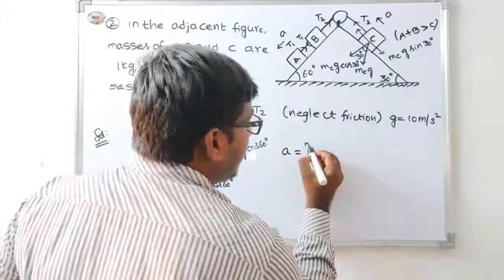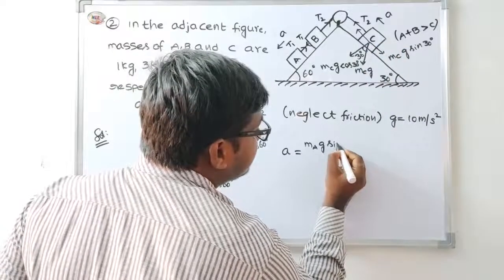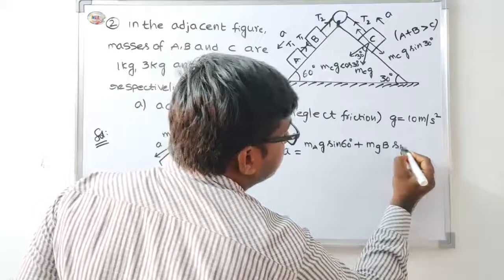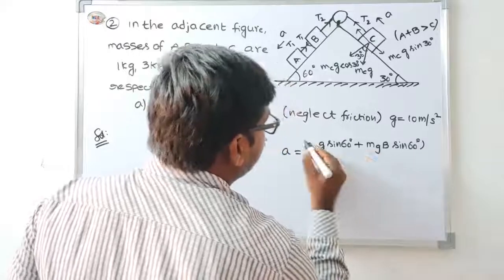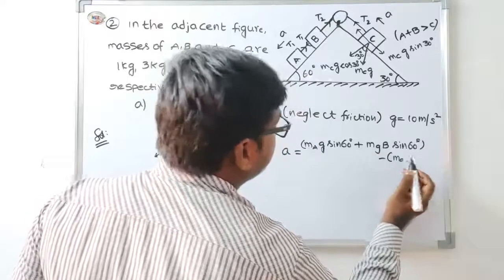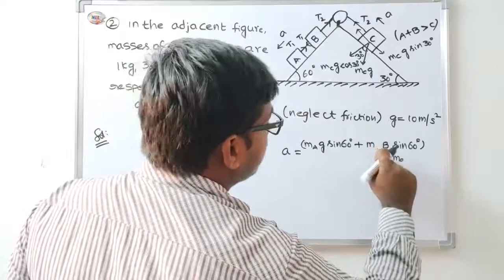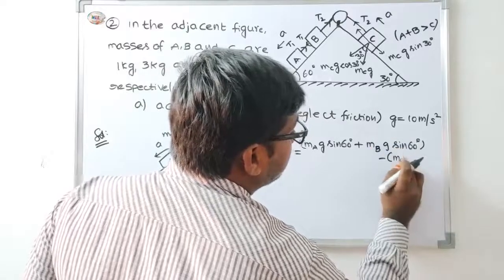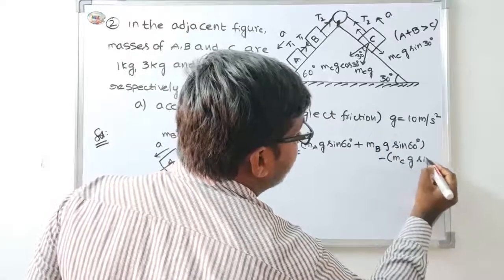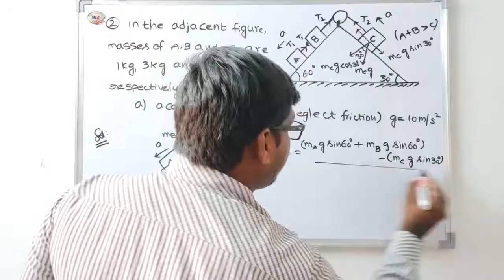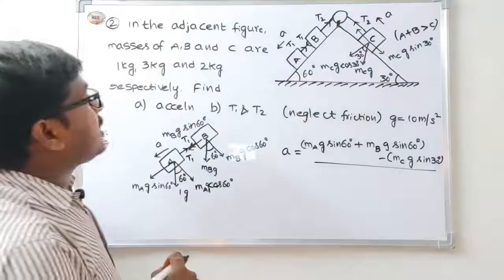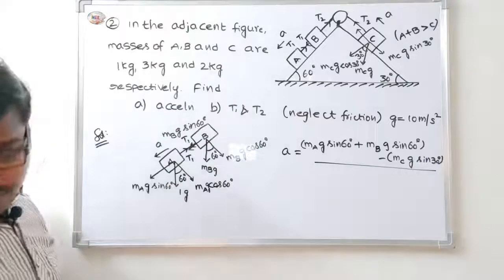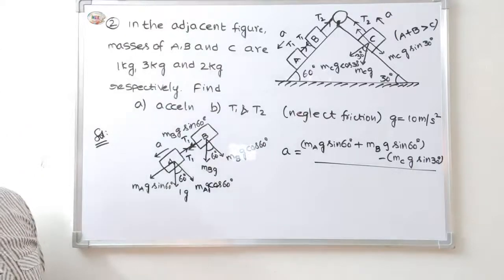First, MAG sin 60 plus MBG sin 60 minus MCG sin 30, by 1 plus 3 plus 2, 6 kg. 1 plus 3 plus 2, that is equal to 6 kg.